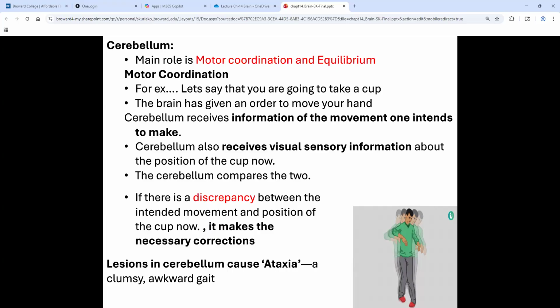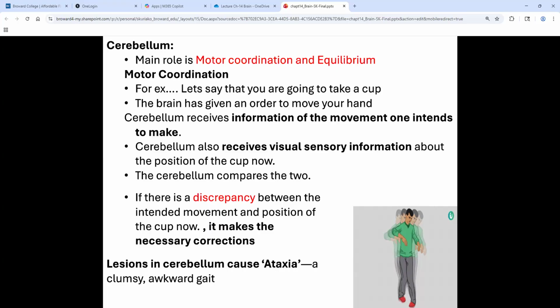So from the precentral cortex, the impulses come out and tell me, go and take the phone. So my hand is going to go and take the phone. Okay, I got the phone, straightforward. But now another scenario. The brain is telling me to take the phone, but the phone has moved. Now, the original decision to take the phone will not work because it has moved. So something has happened here.